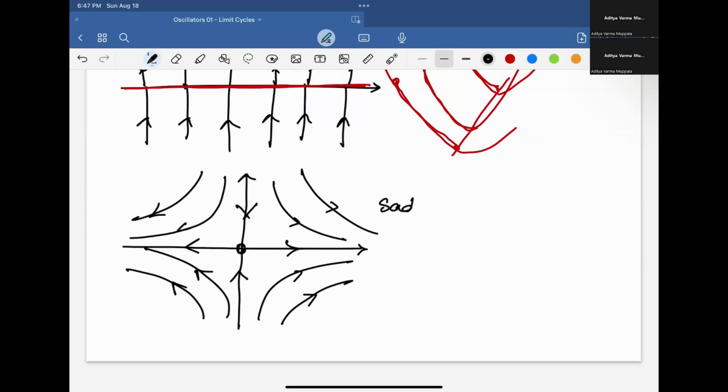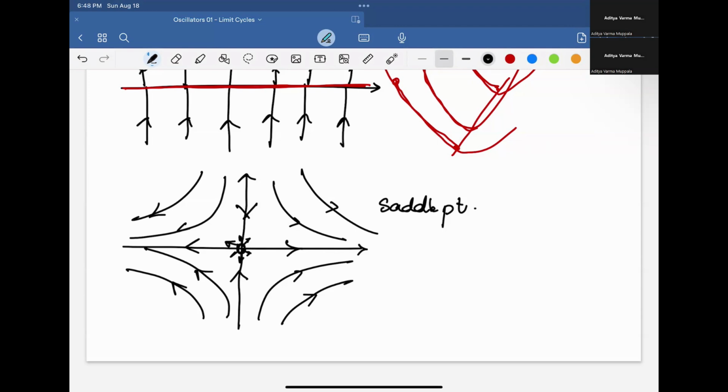So this is called a saddle point. This is somewhat more interesting, less trivial, right? So if you're on the x-axis, you move along the x-axis away from the center. If you're on the y-axis, you converge into the center. Right? So for most deviations, this diverges to infinity. But if you deviate along the y-axis, it converges back.